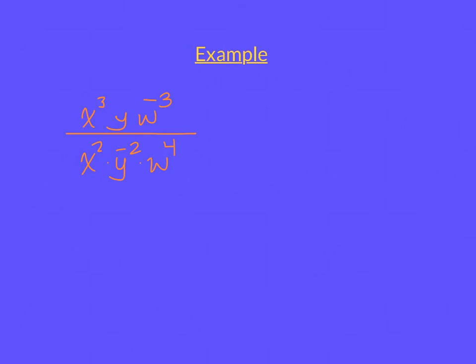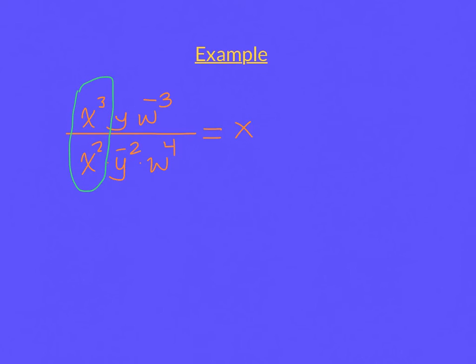Let's take a look at what's happening here. We'll take it one step at a time. So first I have, let me circle this in color, I have the same base here. I have 3 x's on top, 1 on the bottom. The rule says subtract those exponents. And so what do I have left? I have x to the 1 power, or just x.